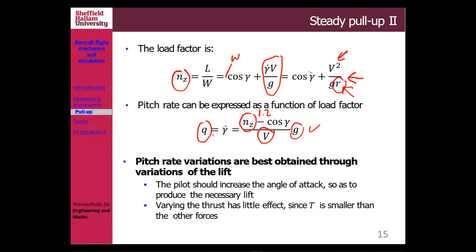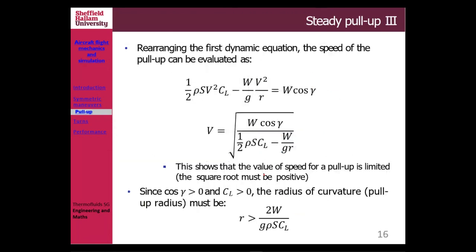Because if you want to reduce Q, not abruptly change the flight path of your aircraft, then you could increase V. Increasing V, you may do it by increasing T, right? So I hope that is quite understandable in the way of doing the maneuver in order for your aircraft to pull up.